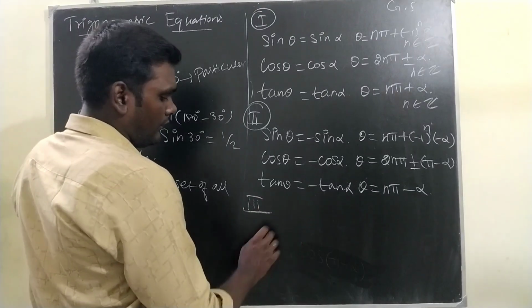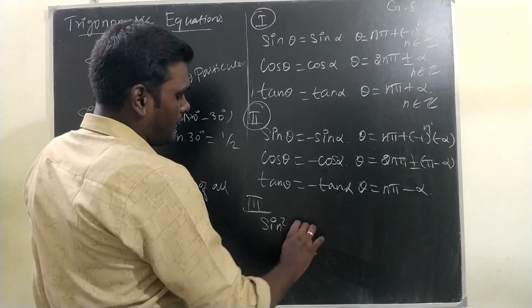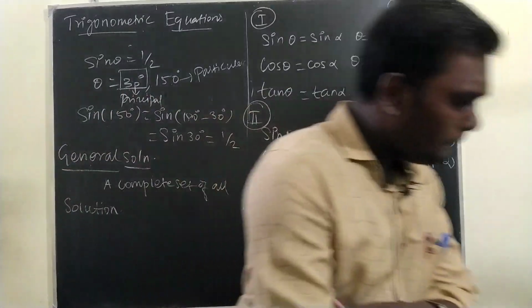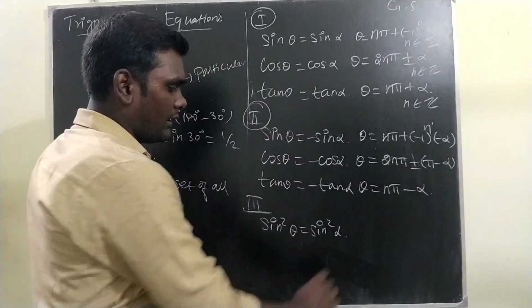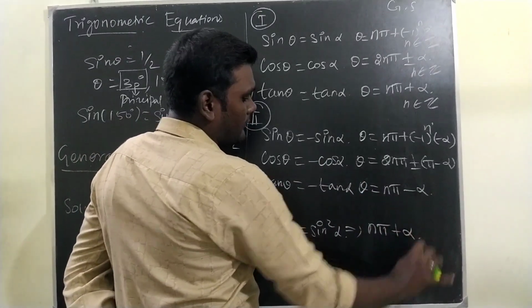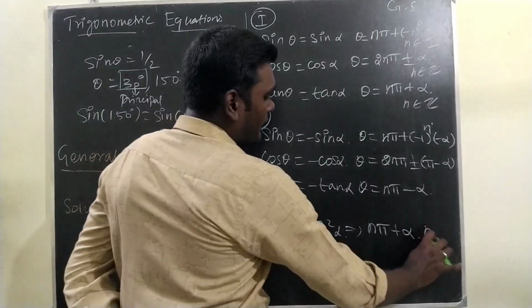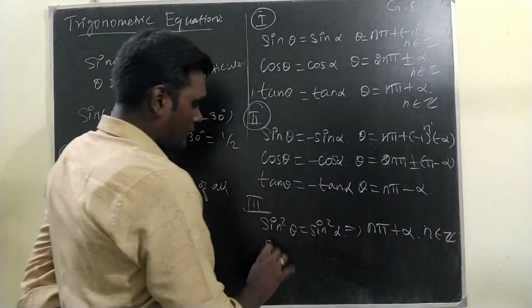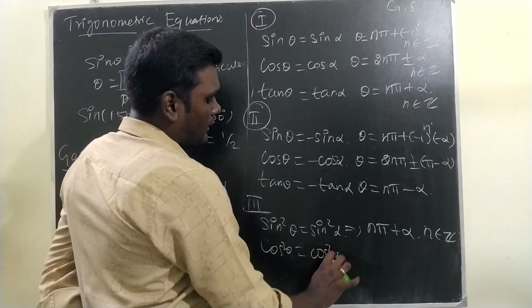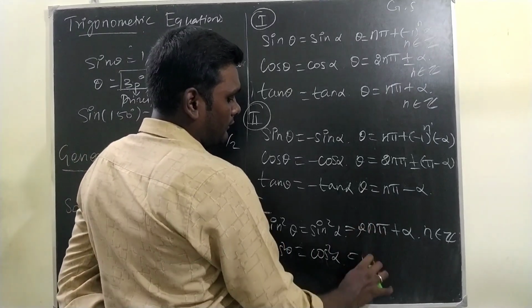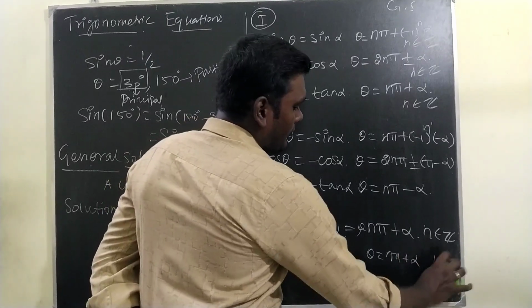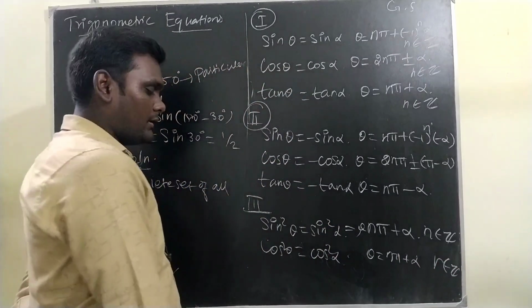The third type, we have sin square theta equals sin square alpha. Then the solution for that is n pi plus alpha, where n is an integer, and cos square theta equals cos square alpha. Then theta equals the same n pi plus alpha, where n belongs to integers.